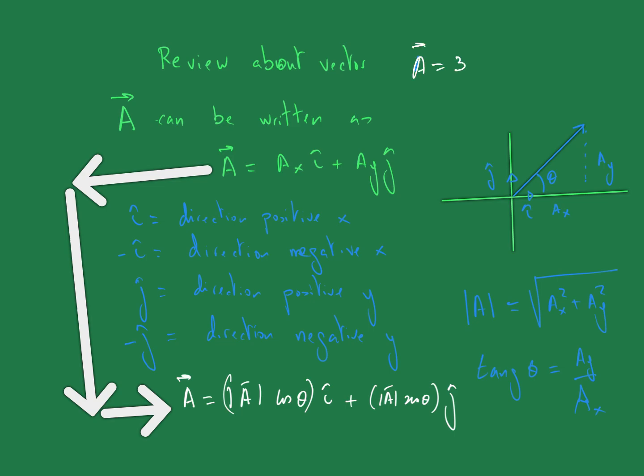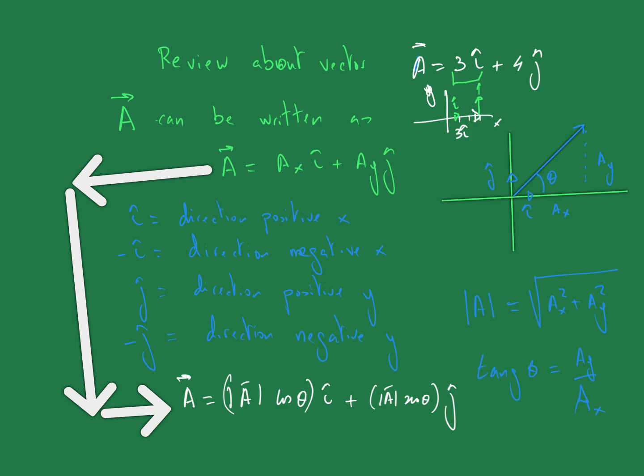meters in the x direction plus 4 meters in the y direction. 3i is this vector, 3 times I. And the I is a unit vector. This is the I. So 3 times I is this part. And you sum it with another part, 4j, in the j direction, 1, 2, 3, and 4.